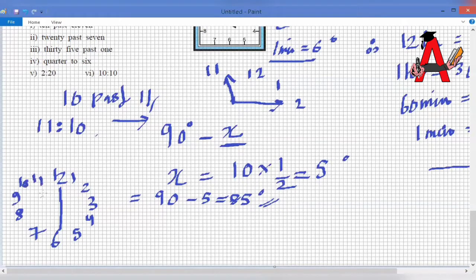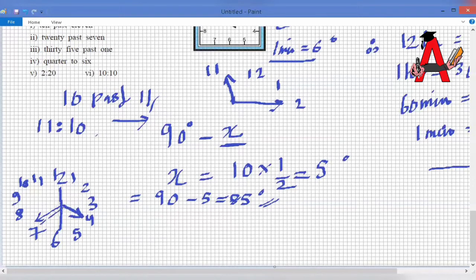This is your clock. 20 past 7 means we are talking about 7:20. Now this is not the angle because it has gone slightly ahead of 7. This angle is again 1 hour, 2 hour and 3 hour. So this will be again 90 degree between 7 and 4. But 7:20 will be slightly more than this. It will be something like this.